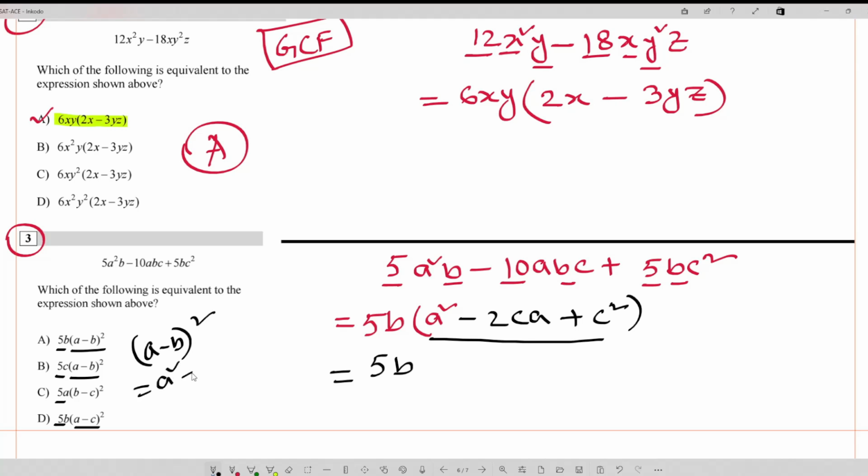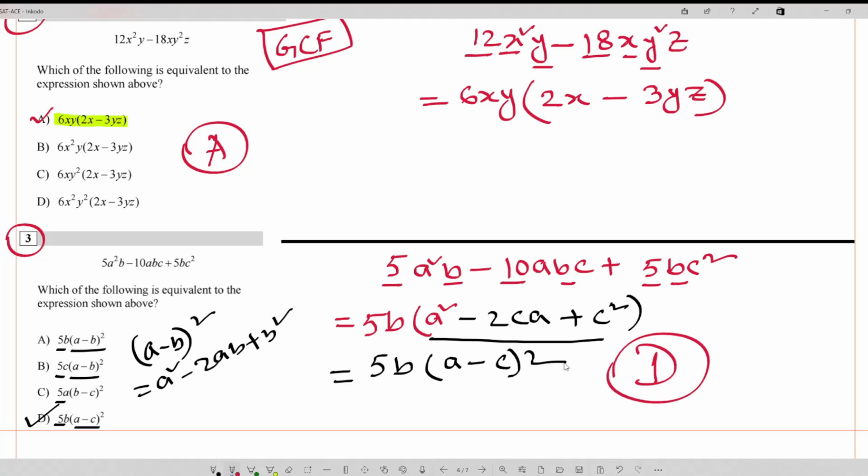It means a square minus 2ab plus b square. Similarly, this one we can write as (a minus c) whole square, and look, number D is our right answer. So the answer is D. Hope you understand this one. So number 3 is done. Now number 4.